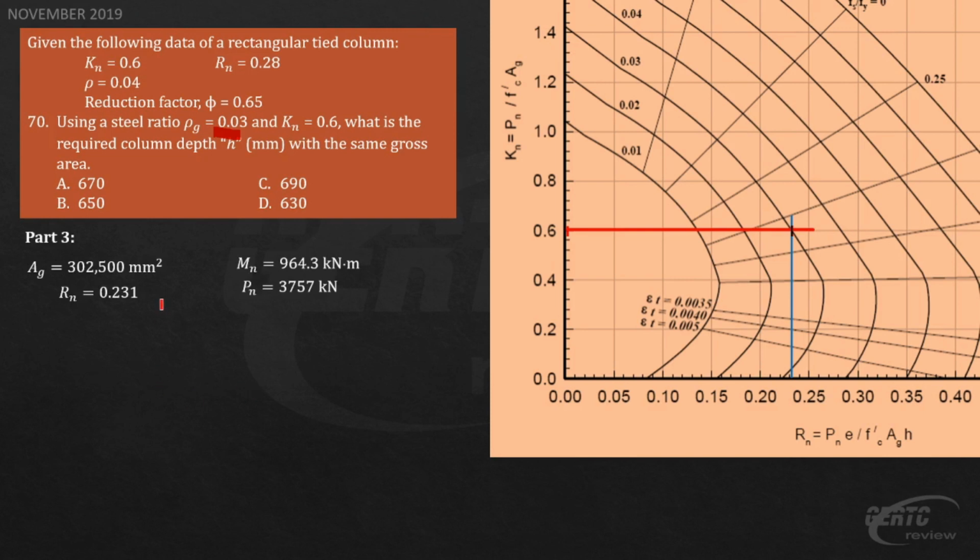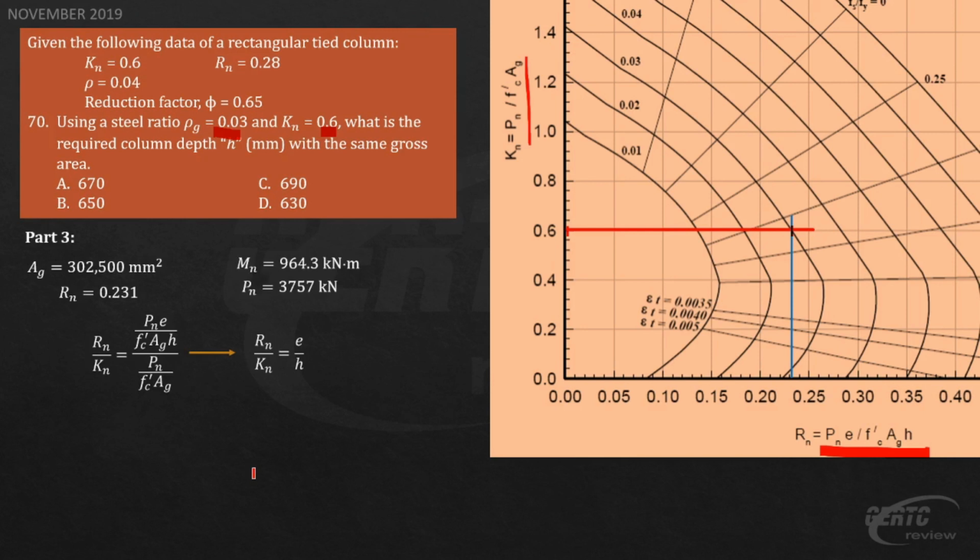Alright? So, with known Rn, makukuha natin yung value ng Rn over Kn, kasi yung Kn natin is 0.6. So, the ratio of Rn over Kn, ito yung Rn, ito naman yung Pn, Kn. Makakancel yung Pn, Fc prime Ag, ang matitira dyan ay Rn over Kn equals E over H. Eccentricity over H. Alright?